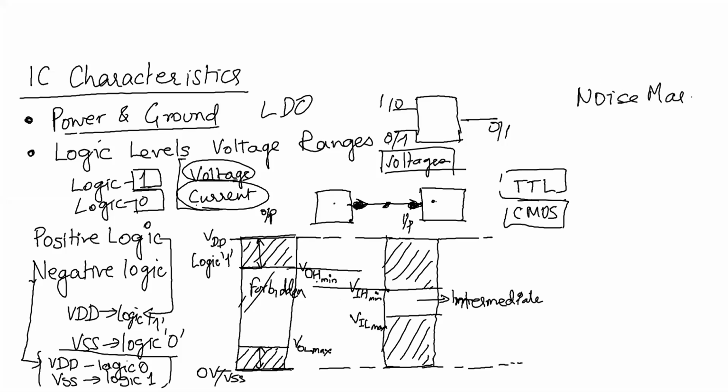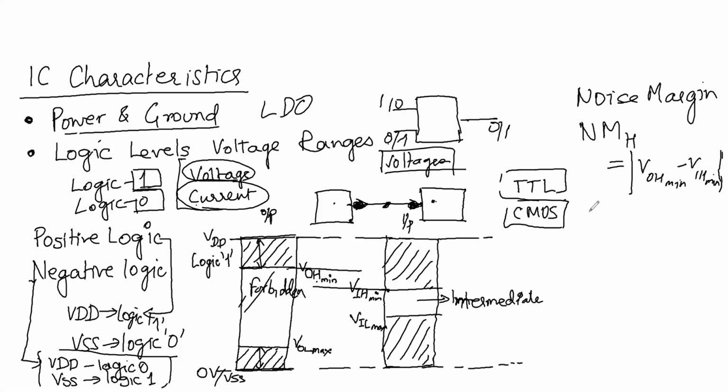So noise margin NMH, noise margin for high logic level, is equal to, I'm writing modulus because magnitude is important, VOH min minus VIH min. So this magnitude is important.